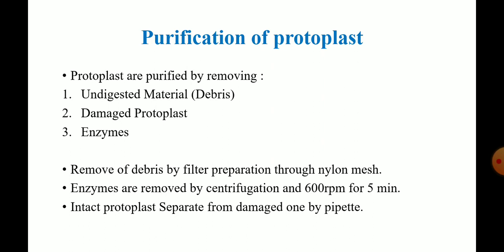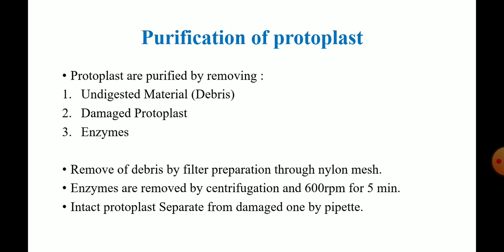Purification of protoplasts. Protoplasts are purified by removing undigested material such as debris, damaged protoplasts, and enzymes such as cellulase and pectinase. Debris is removed by filtration through nylon mesh of 100 micron size.